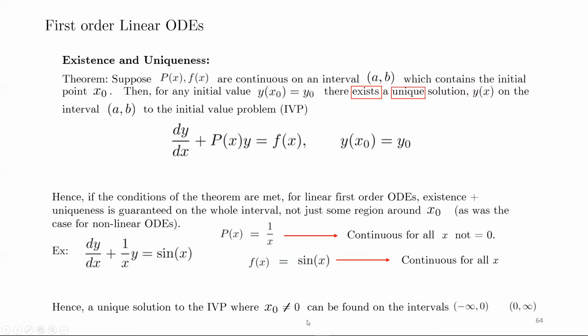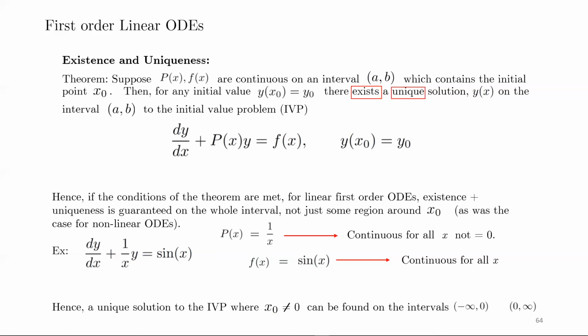Or alternatively, if the initial condition was positive, so between 0 and infinity, not including 0, then there is guaranteed to exist a unique solution on the interval 0 to infinity. The only problem here occurs if our initial point x0 is equal to 0, in which case we would have no guarantee of a unique solution.